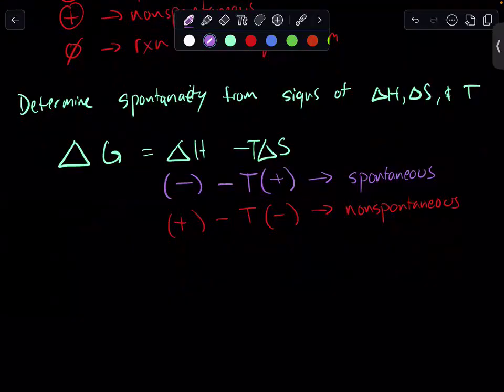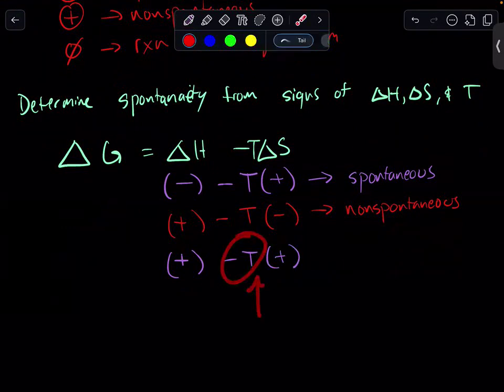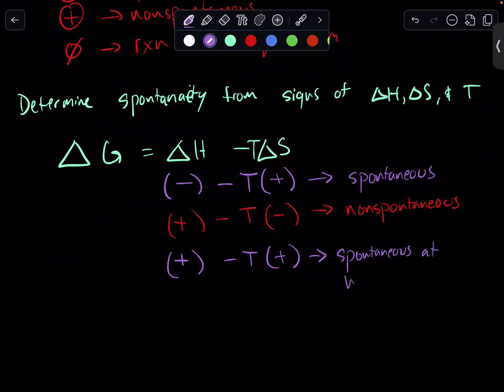If we have a positive delta H minus T and a positive delta S, well then, it kind of depends on temperature. The higher the temperature is, the larger in magnitude this number is, and therefore it subtracts from our positive number. This would be spontaneous at high temperature.